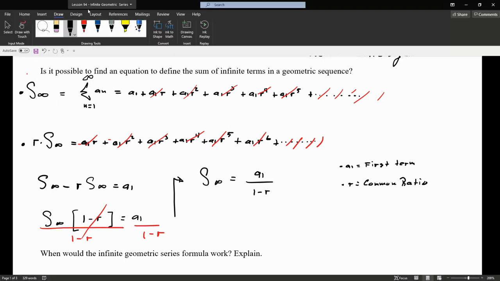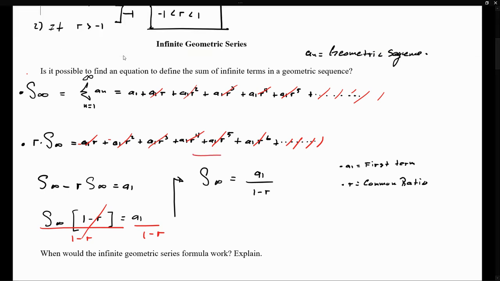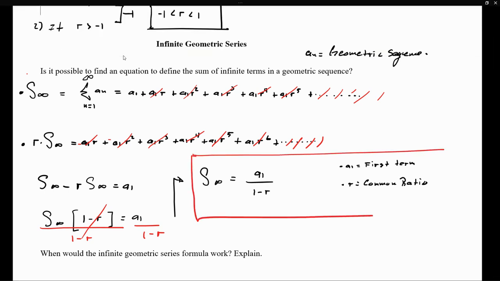It is a very good conclusion to understand because all we're saying here is that if I take an infinite geometric sequence and add an infinite amount of terms, that's always going to be equivalent to the value we get by taking the first term and dividing it by 1 minus r.